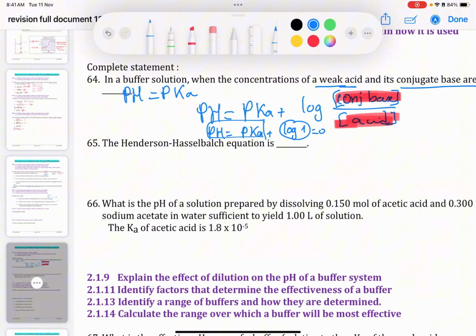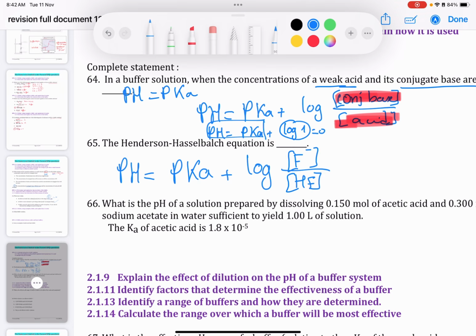The Henderson-Hasselbalch equation, like I said in the previous question, is pH equals pKa plus log base over the acid. Like for example, if I have HF, you are going to write HF down, and up you are going to write the conjugate F minus. There is another version of the Henderson-Hasselbalch equation for pOH.